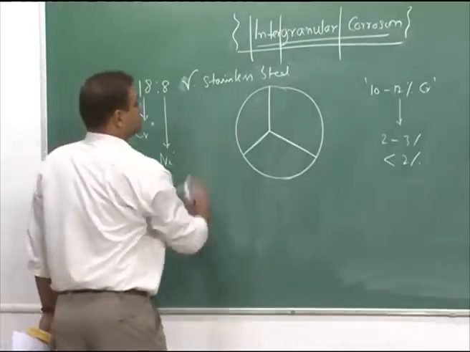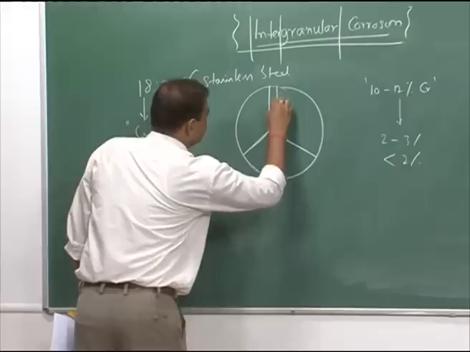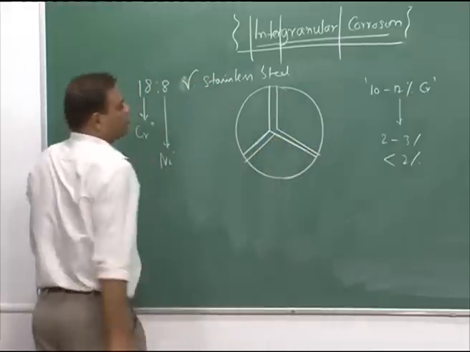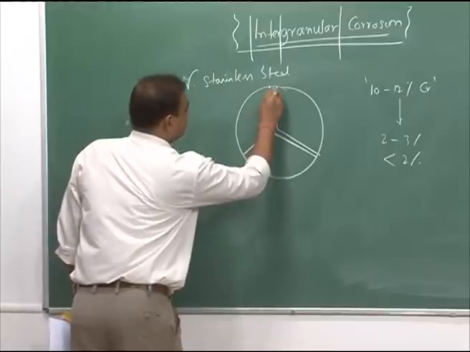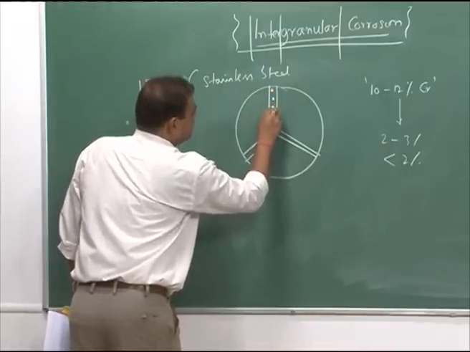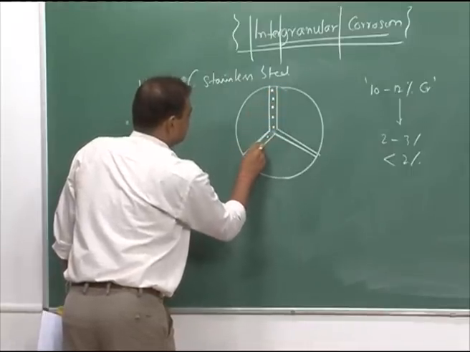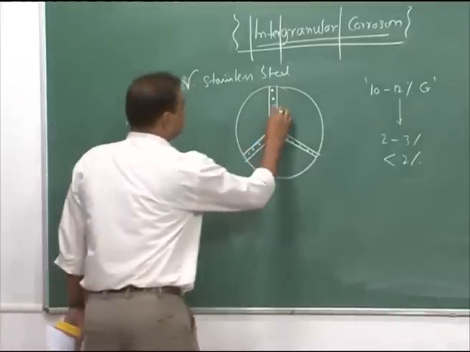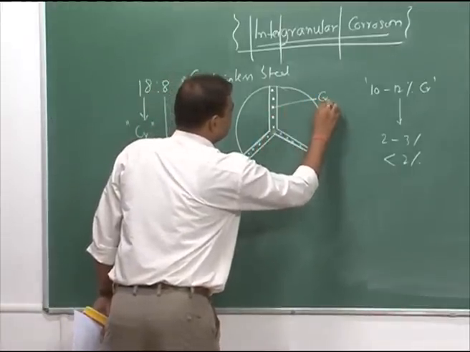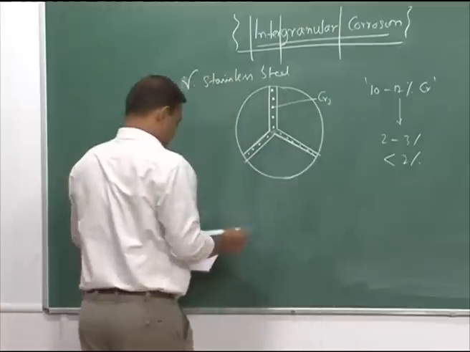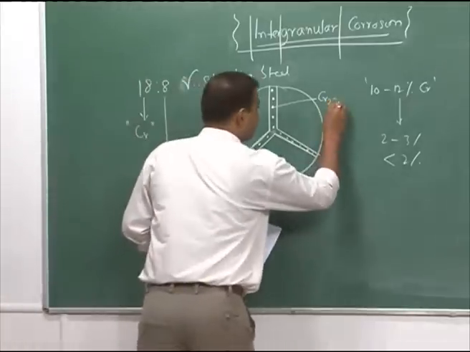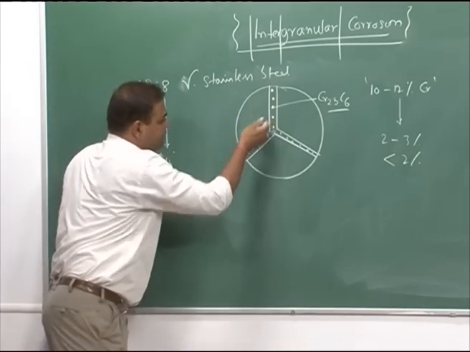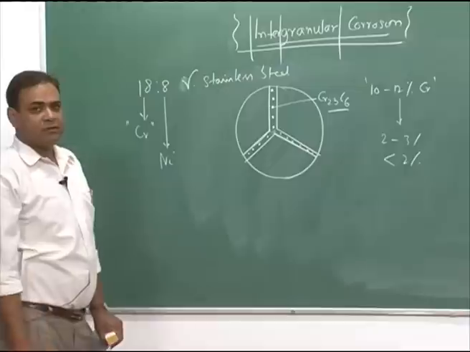Now, if you look under a microscope, we will see that along the grain boundary regions we have small chromium carbide precipitates. These are chromium carbide, Cr23C6, forming along the grain boundary.